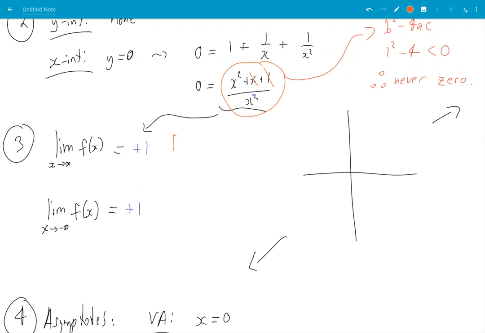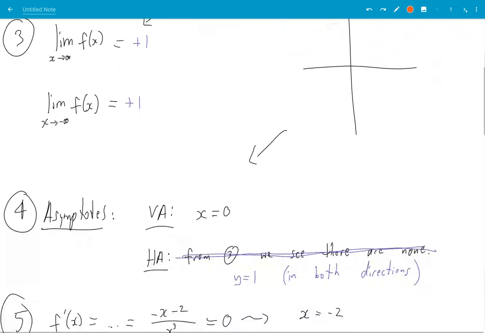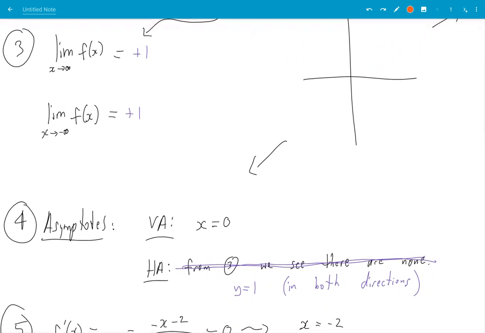So the limit is 1 in both cases as x goes to plus infinity or minus infinity. So these are going to be my horizontal asymptotes. So maybe you want to pause the video and write this down. My horizontal asymptotes are y equals 1 in both directions.